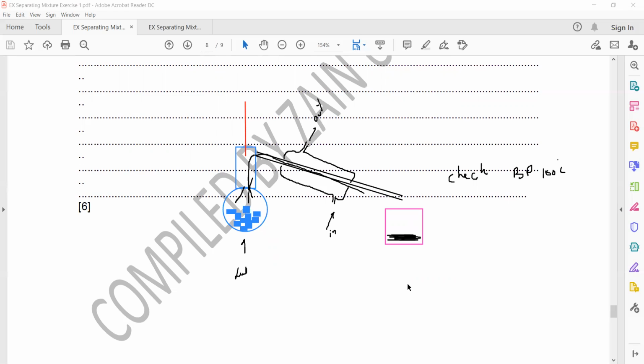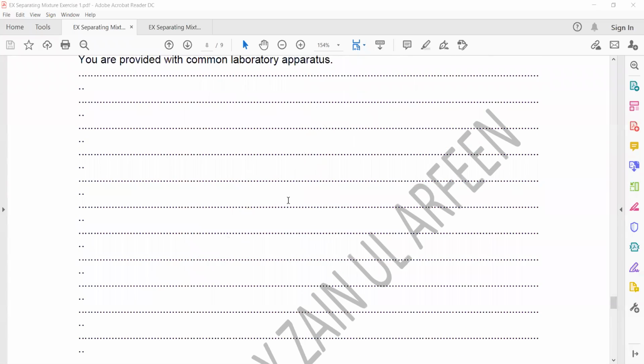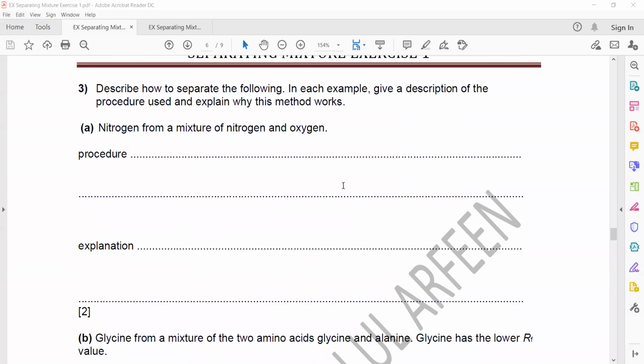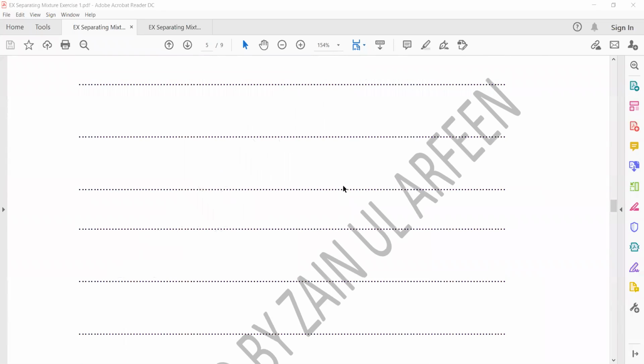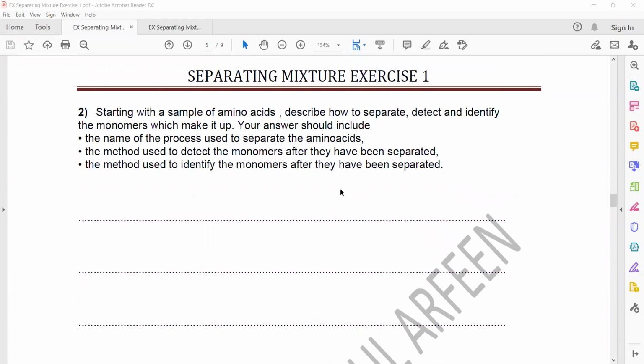Page number 5, question 2. Starting with a sample of amino acids, describe how to separate, detect and identify the monomers which make it up.